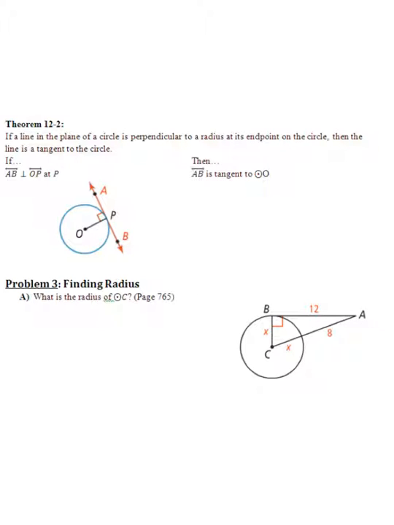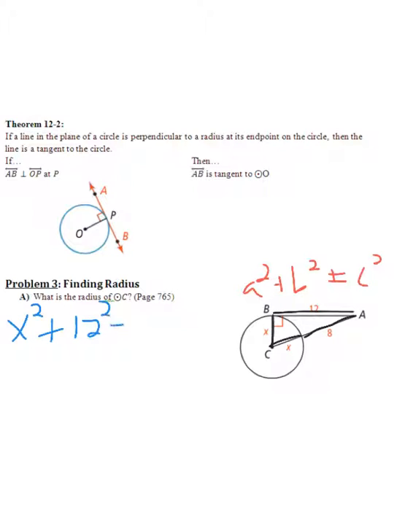Okay, so our example here, what is the radius of circle C? We've got our triangle here, with a length of 12, an 8, and then our radius is x. So we're going to be solving for x. We're still going to be using our Pythagorean theorem here, because I know all three sides. I've got the length of the first leg squared plus the length of the second leg squared, and I'm going to set it equal to the length of the hypotenuse squared.